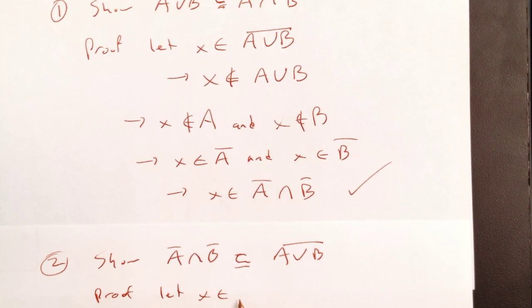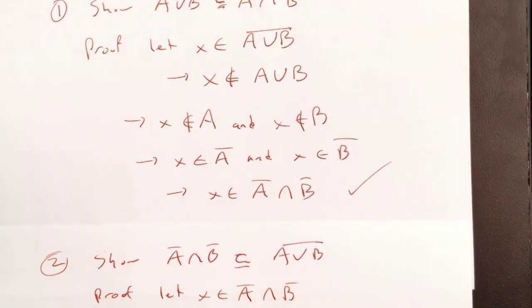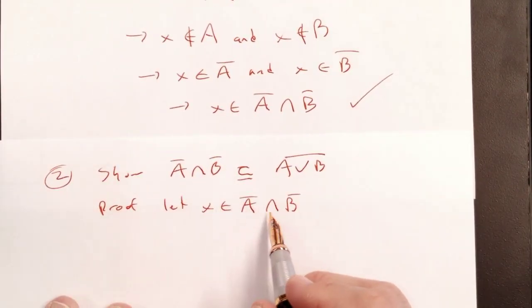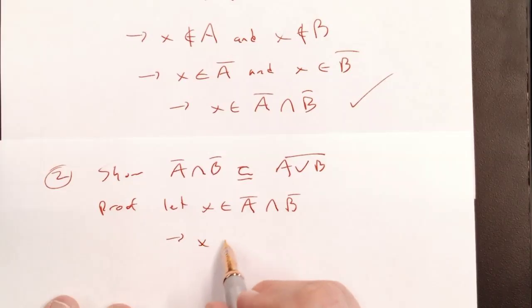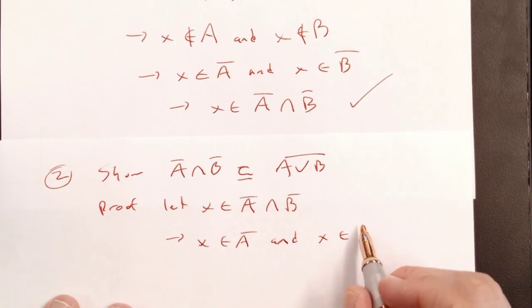Let X be in A complement intersect B complement. I'm literally going to write these sentences in reverse order because that's exactly the thing that's going to give me what I want. If it's not in this and that, that means that X is in A complement and X is in B complement.